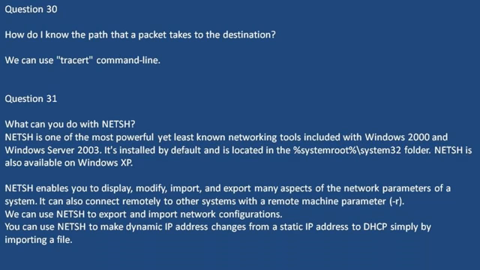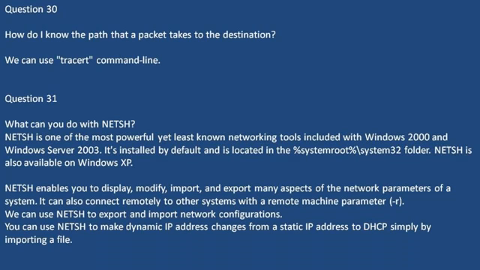NETSH is one of the most powerful yet least known networking tools included with Windows 2000 and Windows Server 2003. It's installed by default and is located in the system root under the System32 folder. NETSH is also available on Windows XP. NETSH enables you to display, modify, import, and export many aspects of the network parameters of a system.